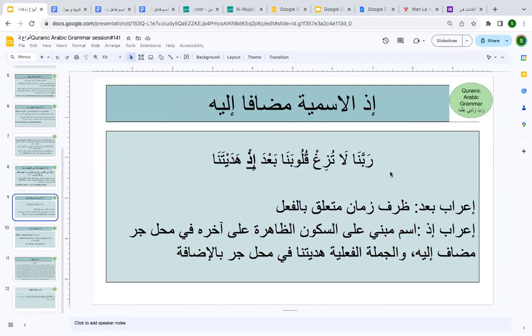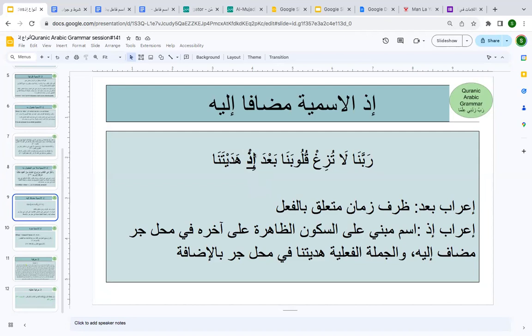Who recites this dua? Rabbana la tuzigh qulubana ba'da idh hadaytana. I think it's from Surah Ali Imran. Alhamdulillah, barakallahu feek. So now here, what is the status of idh? Who can tell me? It is jar. Why is it jar? It is mudaf ilayhi for ba'da, right?